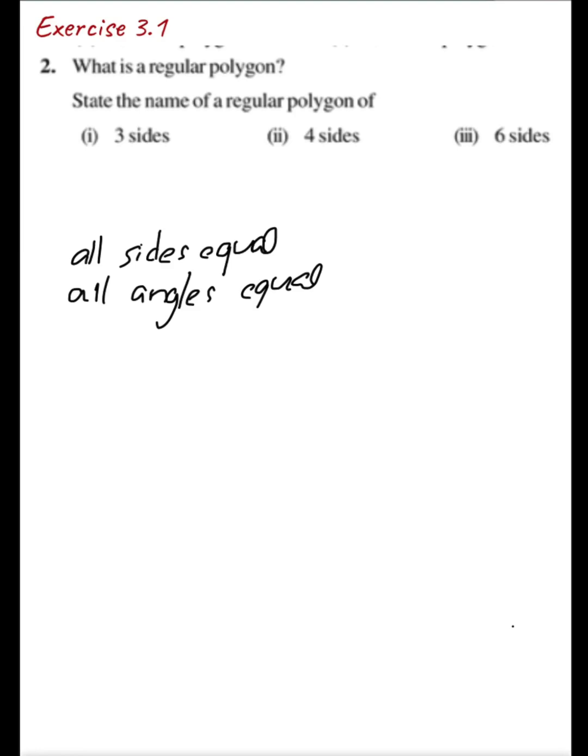Now what is the first question? State the name of a regular polygon of 3 sides. You need to tell the name of a regular polygon which has 3 sides. So a 3-sided regular polygon will be a triangle, with all the sides equal and all the angles equal. You can see this one.